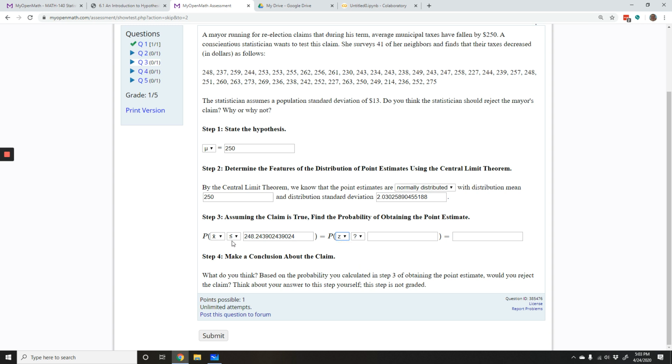We're going to have exactly the same inequality here as we had here. What we're going to be doing is finding an equivalent probability using a standard normal distribution. To do that, we need to convert our sample mean into a z-score.